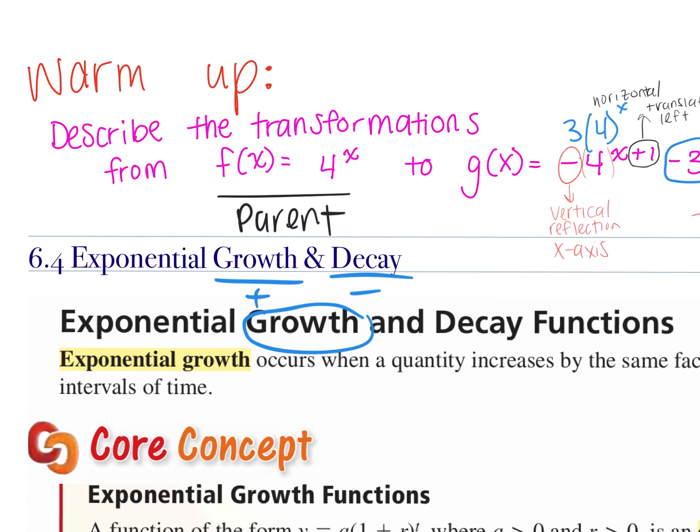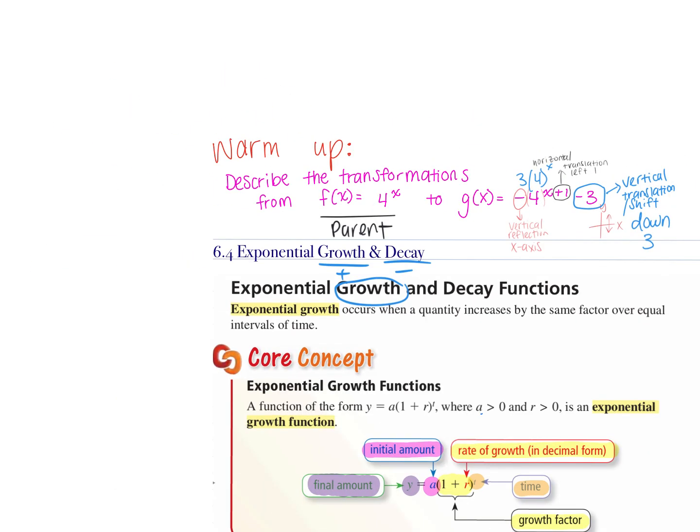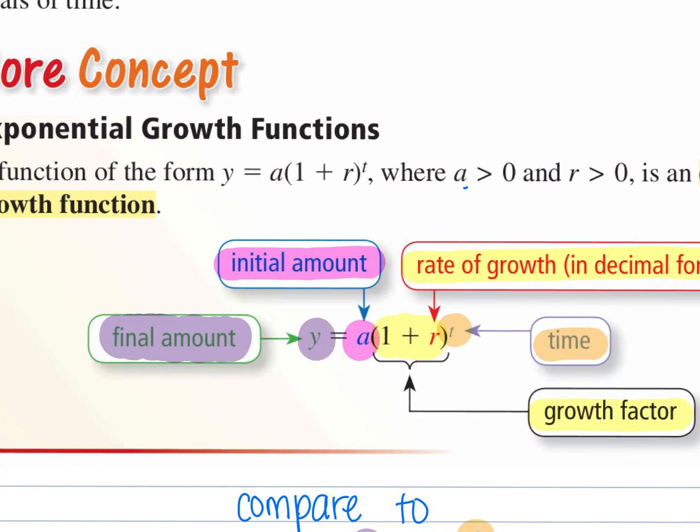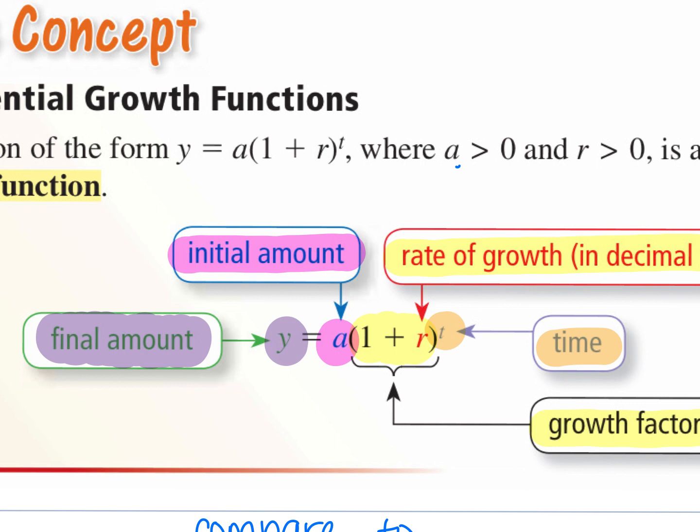Now, the growth function, it is exponential, so it should have a what? What do exponential functions have? An exponent, right? Now, how to find your exponential function? It has like 4 different criteria, okay? It has this thing called the initial amount, which is your A. We've seen this letter before. Do you remember that number that we used to have in front of your base?